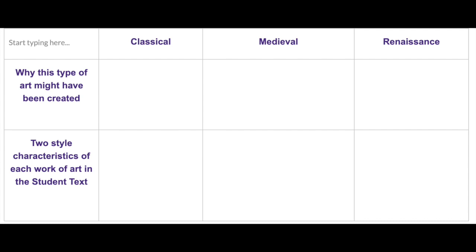Think about how each artwork, why it was created, and the style characteristics of each. Have a look at this chart for just a little bit, and then we're going to talk about some of the aspects.